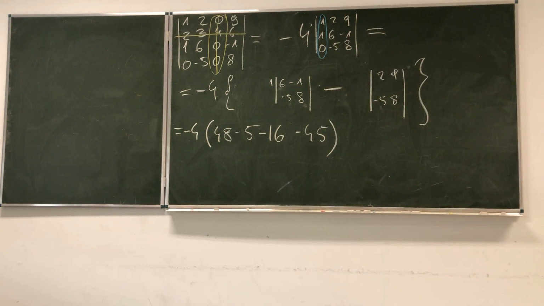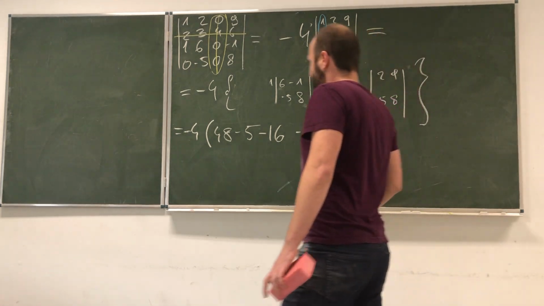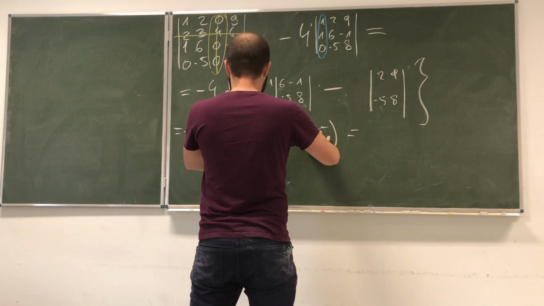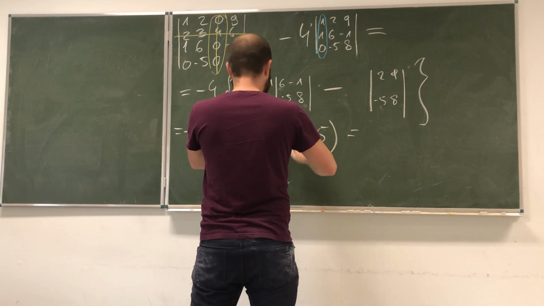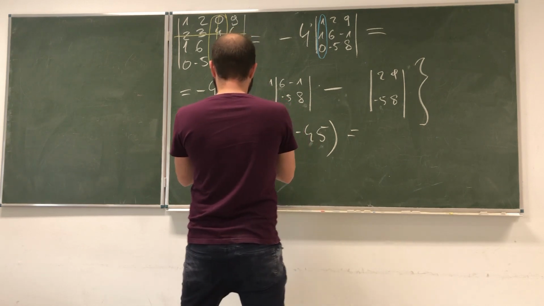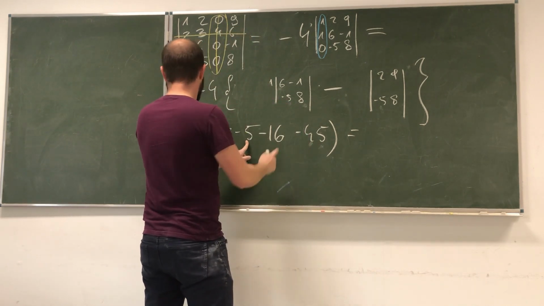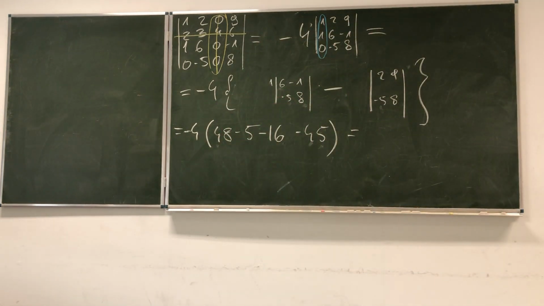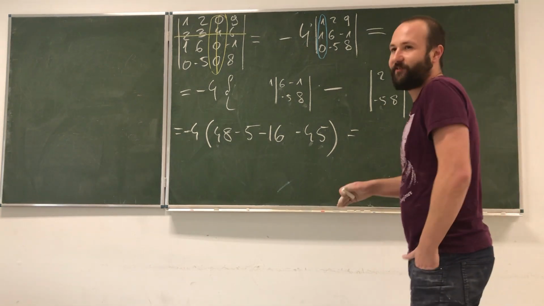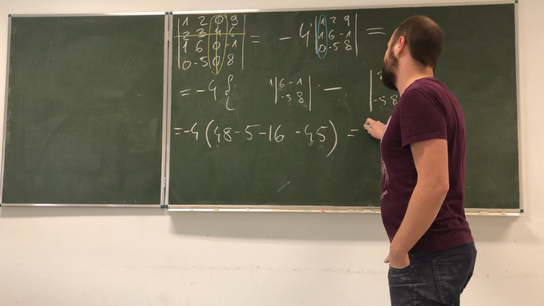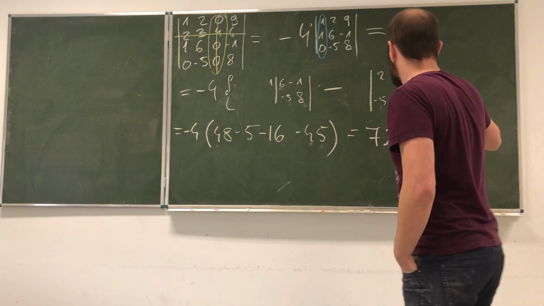So how much do we get over here? Out of those two, we get 3, we get negative 2, negative 18. Negative 18 times 4 should give us 72.